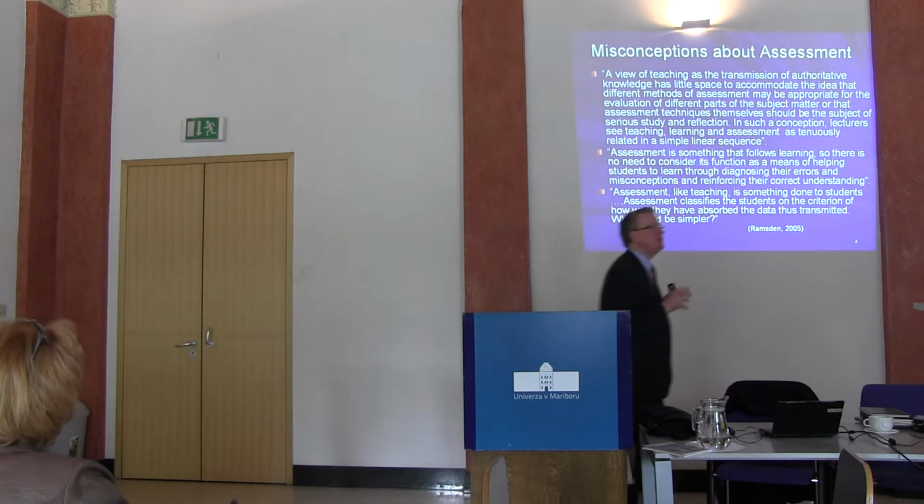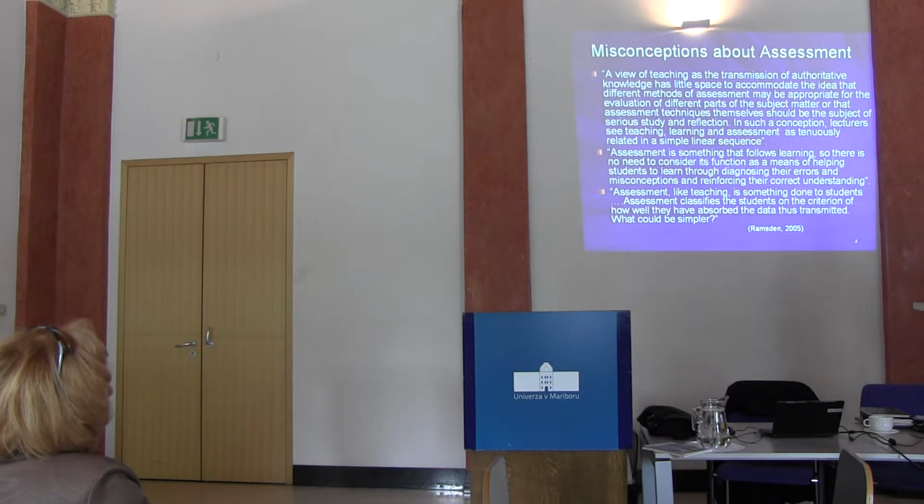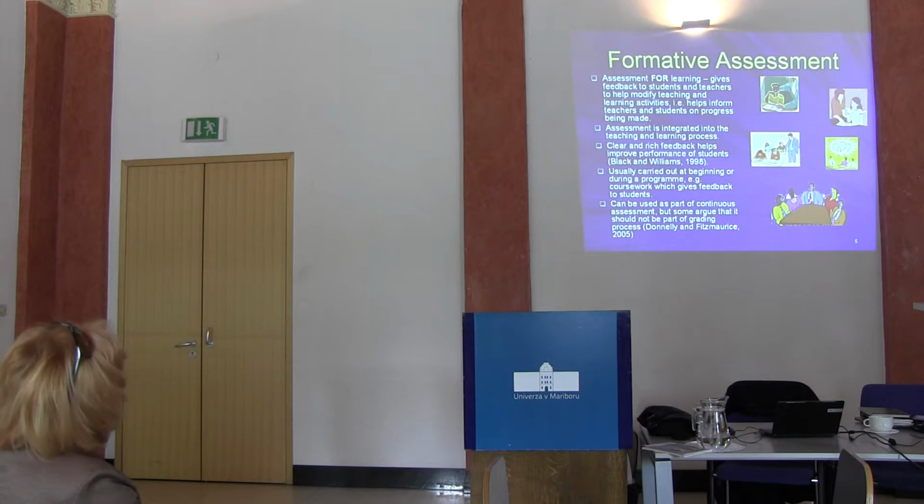Essentially what he's saying is that many people look on assessment as just an end product. That we teach a course, and then at the end of the course we assess it. And what Paul Ramsden is saying is that assessment should be built into our teaching. In other words, we should be using assessment for learning as well as assessment of learning.